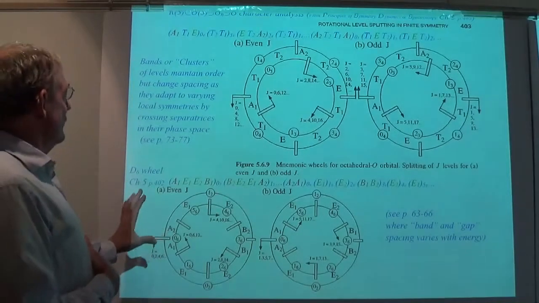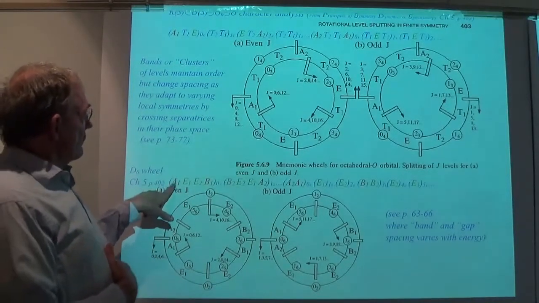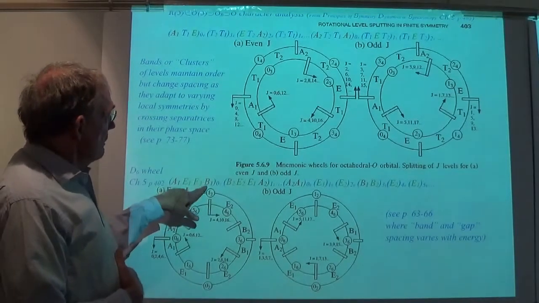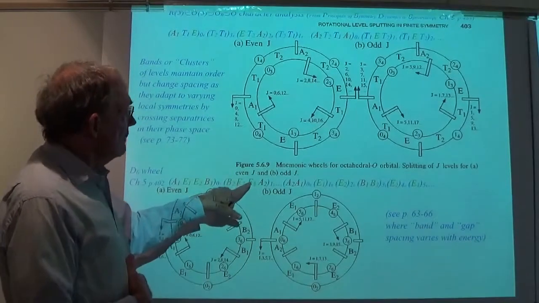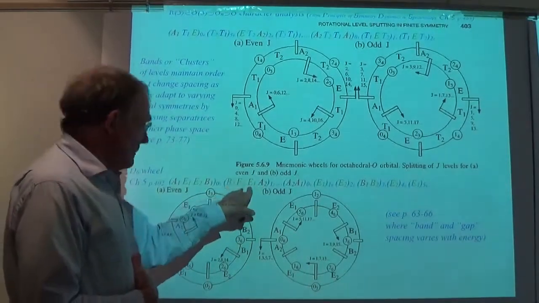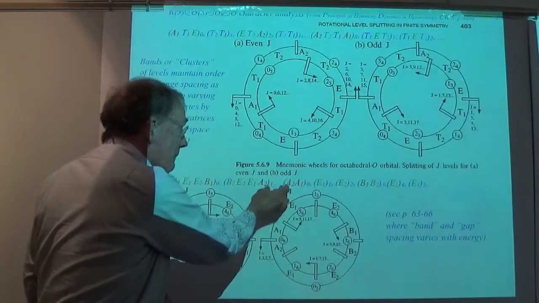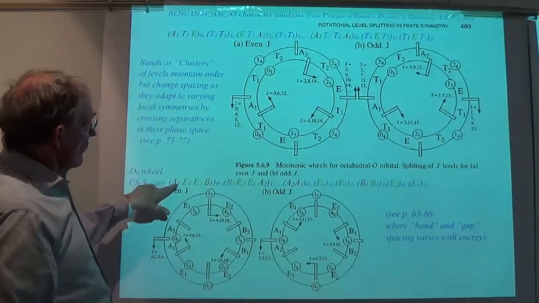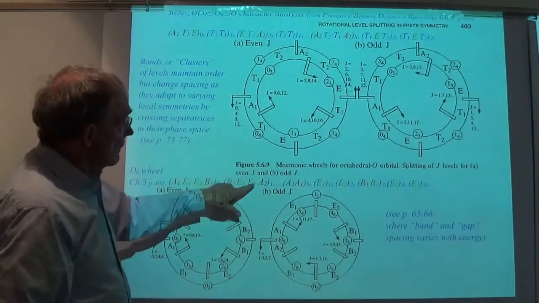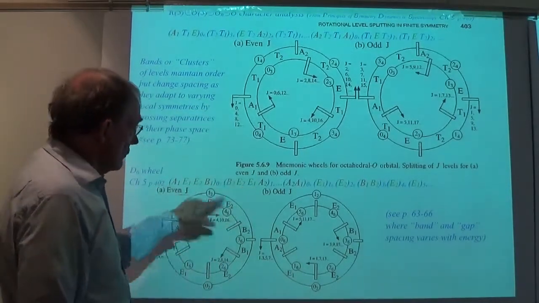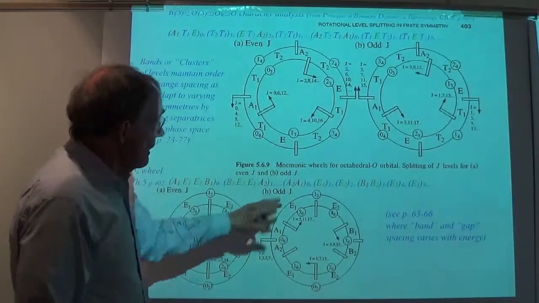But when we discussed D6, we saw that there were these clusters, A1, E1, E2, B1, a big gap, and then B2, E2, E1, A2, a cluster might have been a little more spread out, and then the gap might have been a little smaller, and it would come back and do this over again. A1, E1, E2, and that's when counting backwards. You see, it just keeps doing that. That's what this wheel is giving you, either this way or that way for even or odd J.